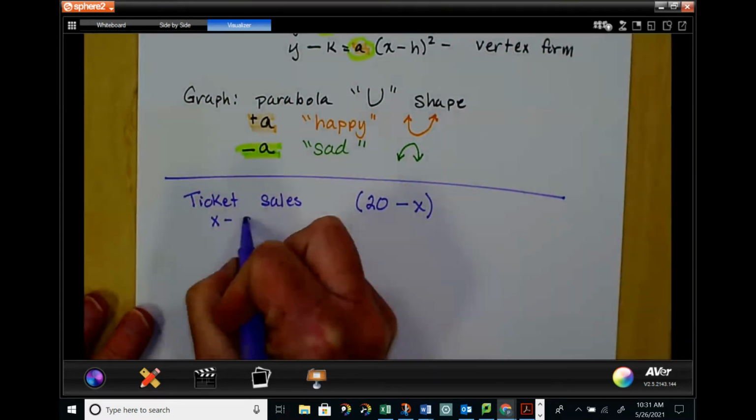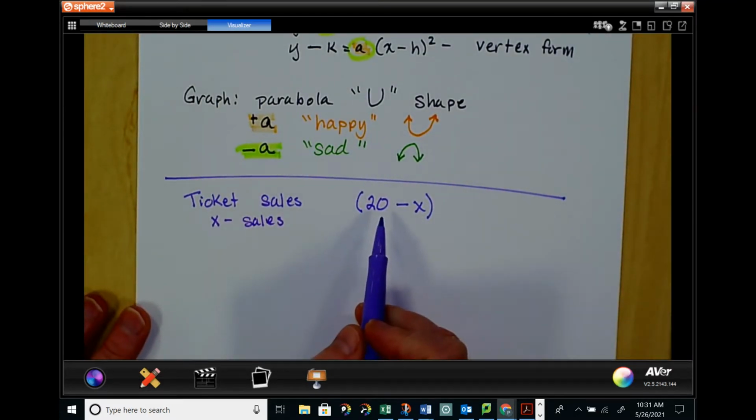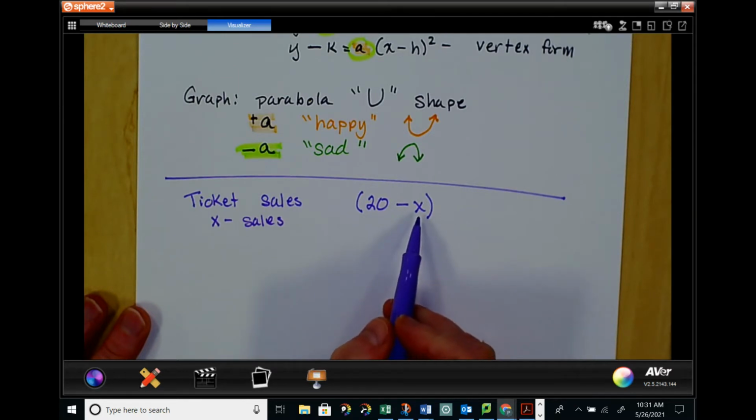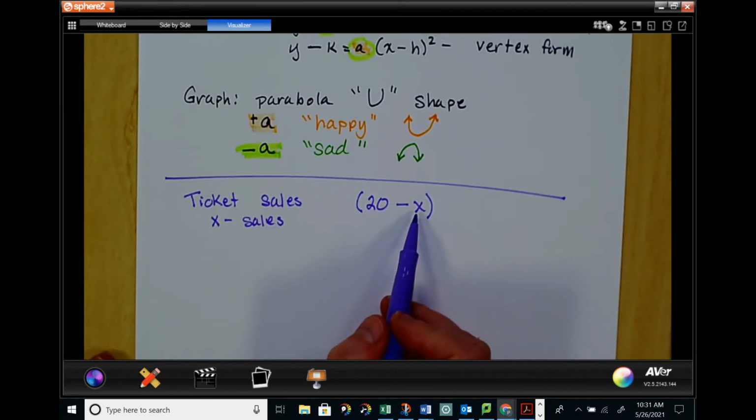X is your sales, and if you get too much, you have a maximum limit of 20. You've only got 20 items, so that's your supply. You only have 20 things, and you're going to sell this many x things.